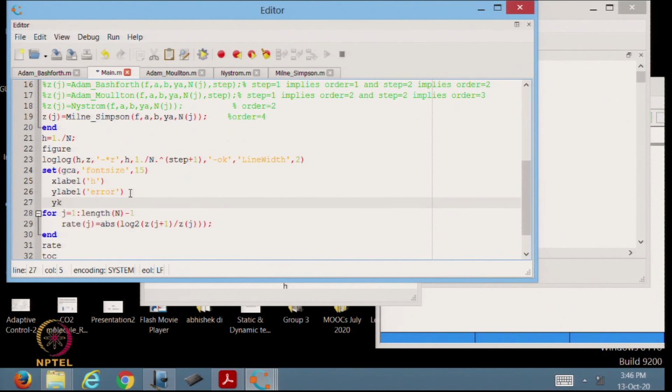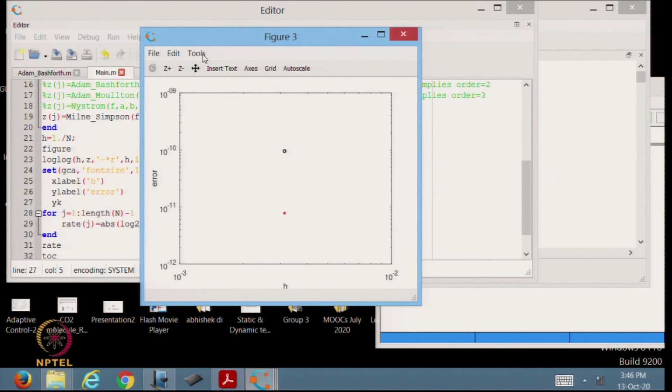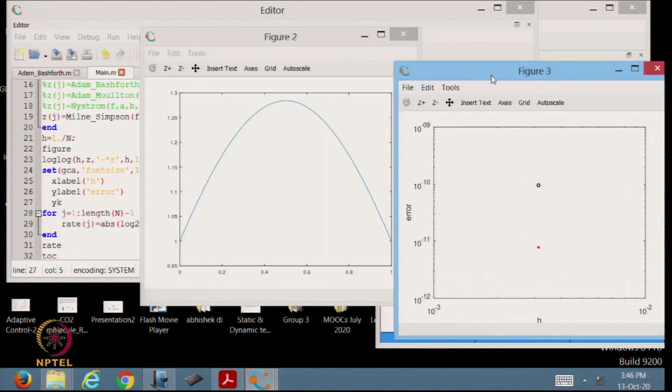Again, I am writing some arbitrary thing so that my code stops here. Okay. So, of course, this is only one particular h, that is why you do not see the line which we were seeing earlier, because it corresponds to only one particular h.